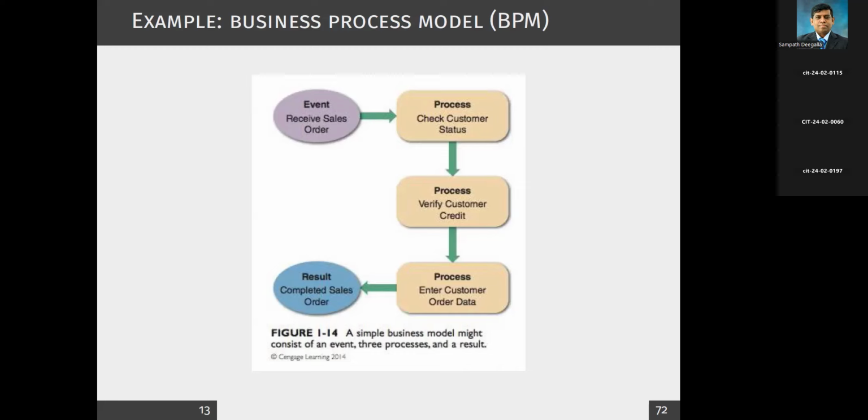For example, in this particular case, the event is you receive a sales order. Once you receive the sales order, you check the customer status, you verify customer credit, and then you enter the customer order data, which will complete the order. So these are some of the graphical representations we use to model the business processes.